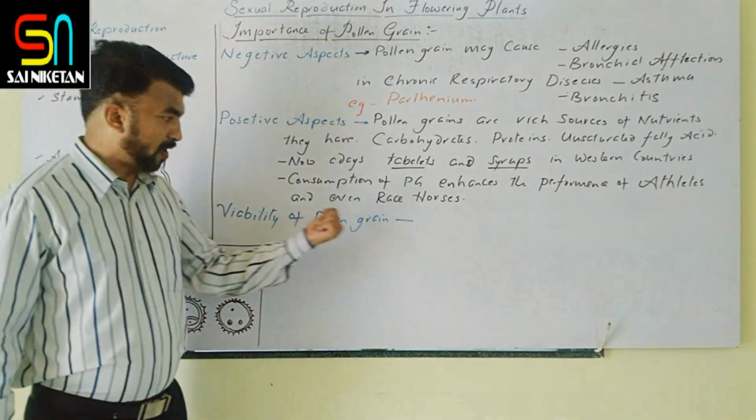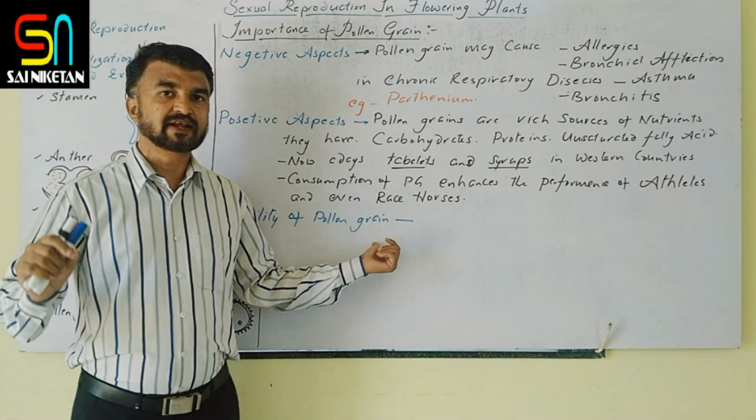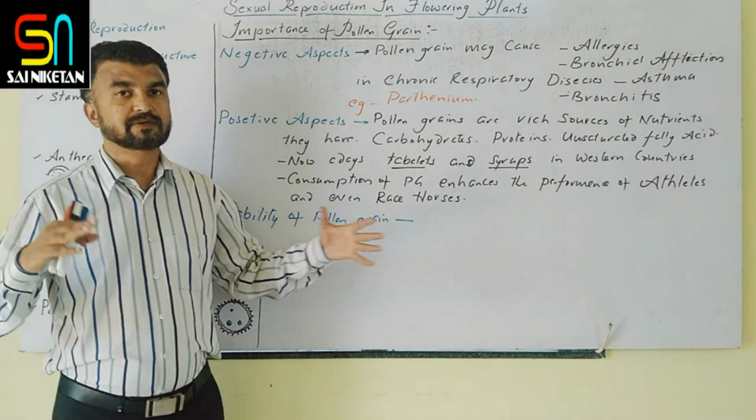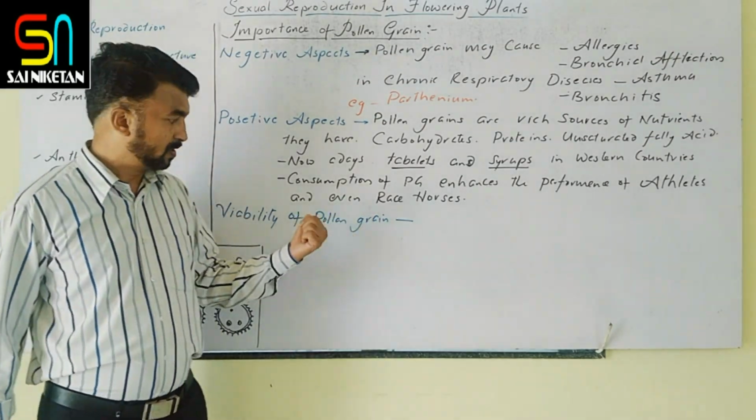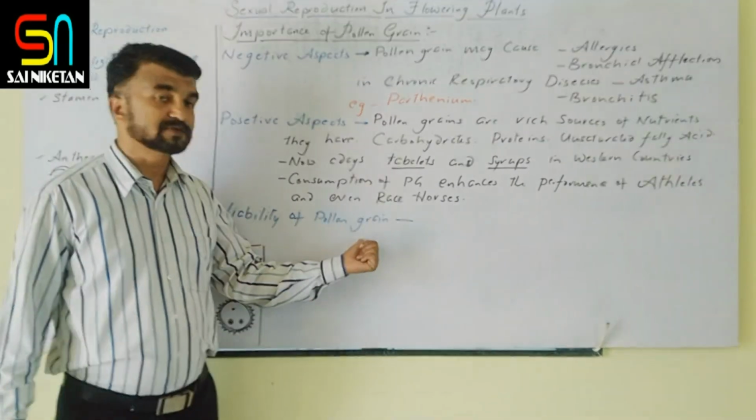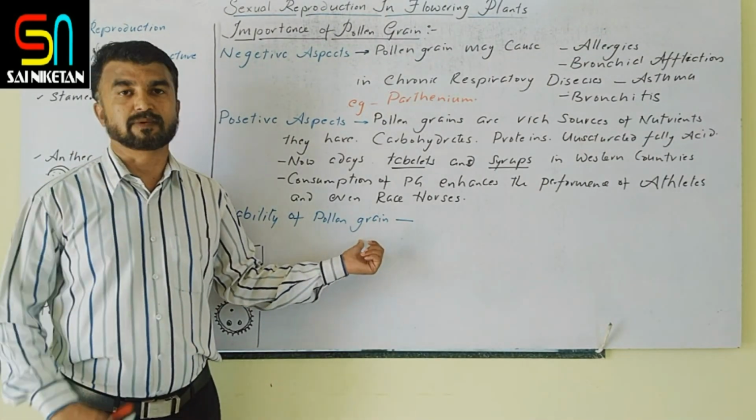Viability of pollen grain means the period during which the pollen grains are viable or functional. Clear? After crossing that time limit, these pollen grains are non-functional or unviable. Clear?